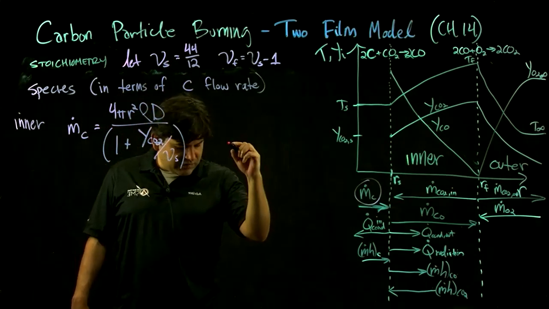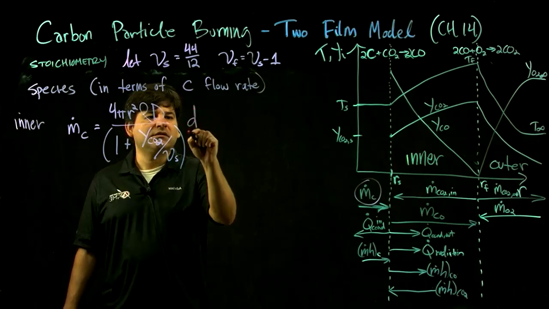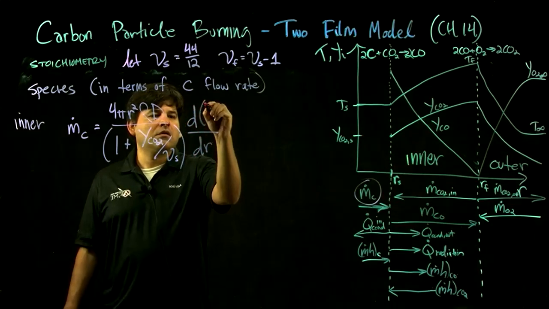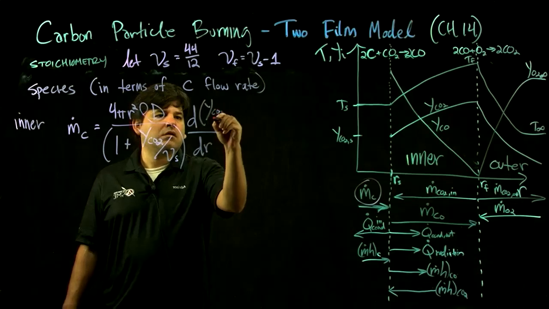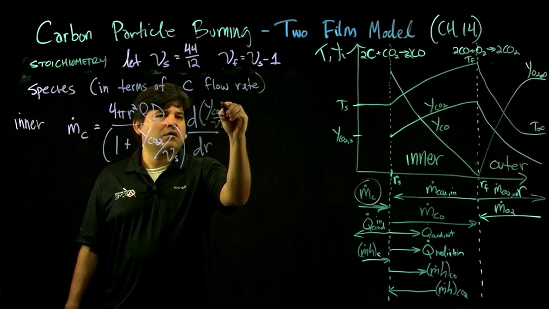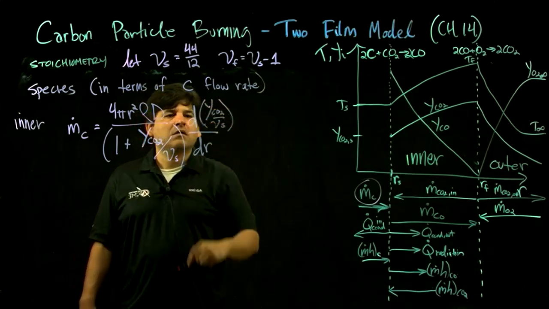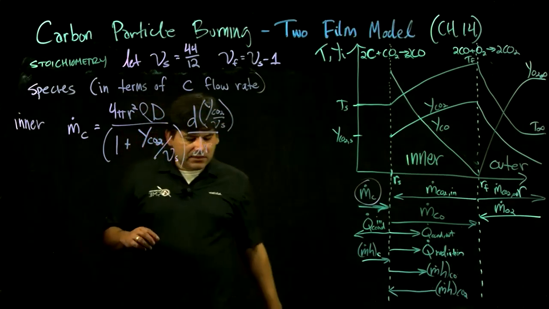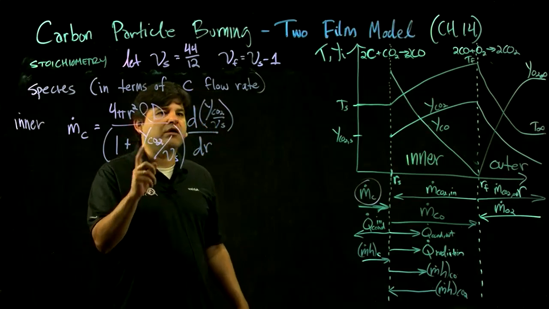Then you have this diffusion component. So that would be the CO2 in the inner region.